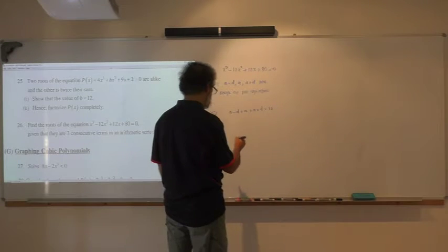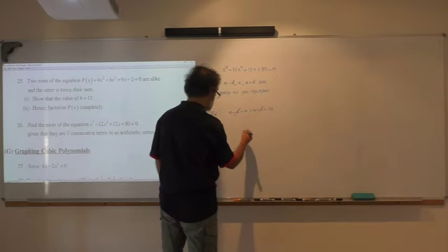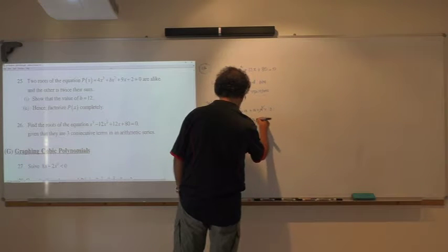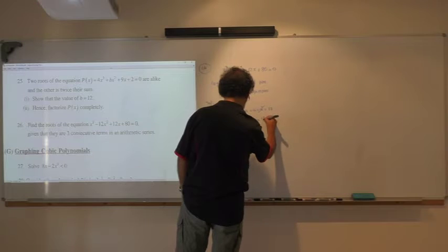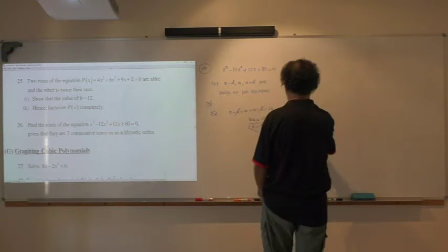Again, then from here we can get rid of the d, so therefore we're going to have 3a is equal to 12, so therefore a is equal to 4. All right, so for a we have 4.